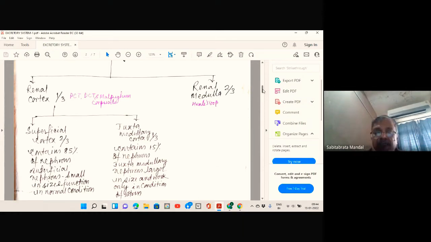For example, you are in the train without ticket and at the time the TT has come, you wet your pants. So at this moment, which nephrons have worked? The nephrons of the juxtamedullary cortex, which are quite longer and can produce more urine immediately.